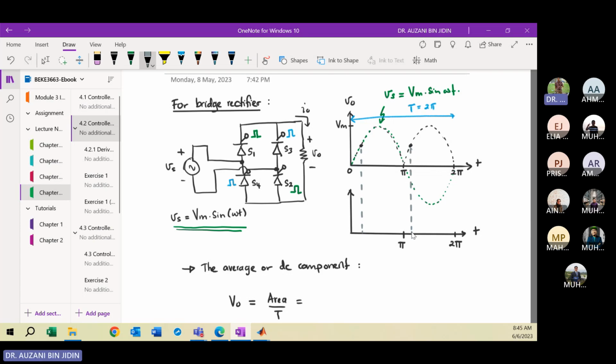Let's say the delay angle or firing angle for this case, we set alpha here to be 0, then here will be pi/2, 90 degrees. At the middle, this point, alpha is 45 degrees. So this is the example: you set the delay angle or firing angle to 45 degrees.